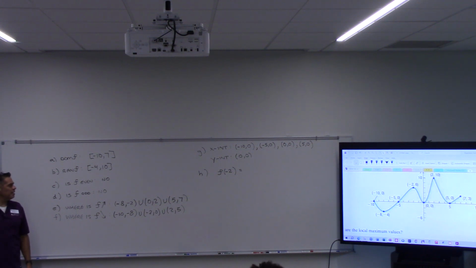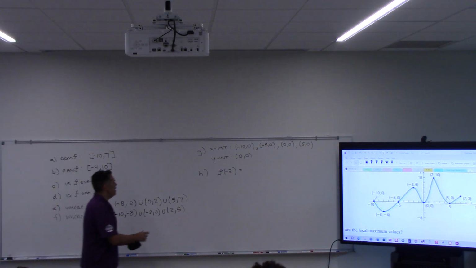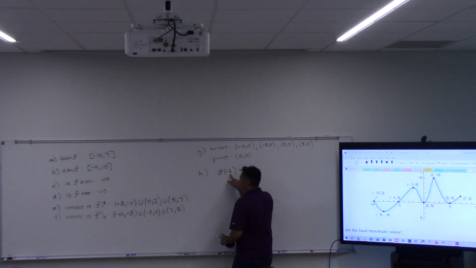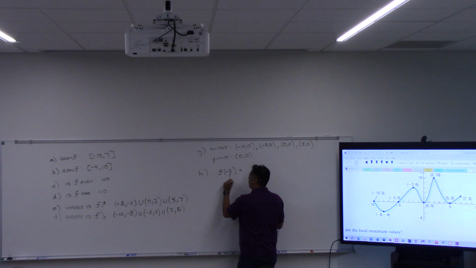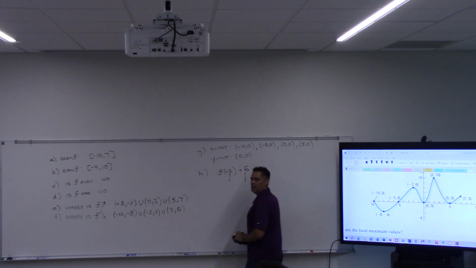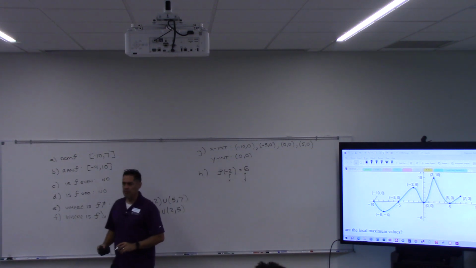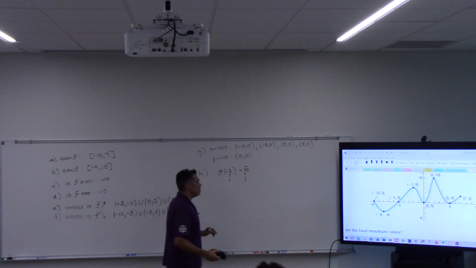So when you plug -2 into the function, what does it spit out? Do you know what it's asking? No? This is the x that's being plugged in. This is your x value, and I'm asking what y value do you get? 6, right? 6, that's it. Yes? Got it?